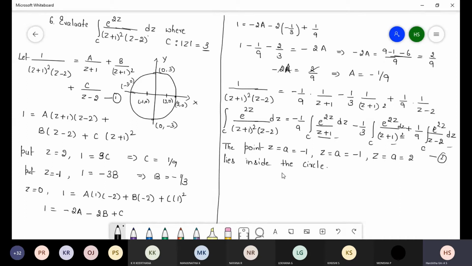So as usual, for the first term, integral over the curve C e power 2z divided by z minus 1 into dz, for this one we are going to use the Cauchy's integral formula.